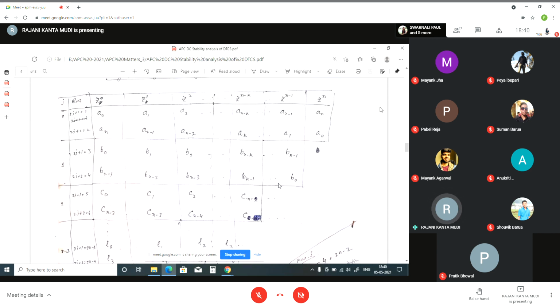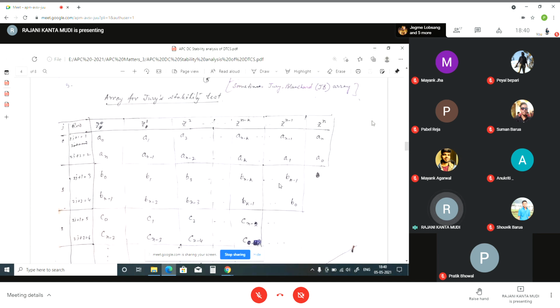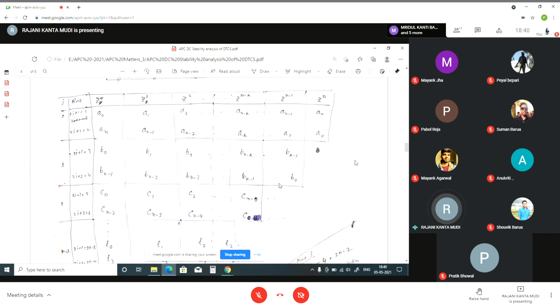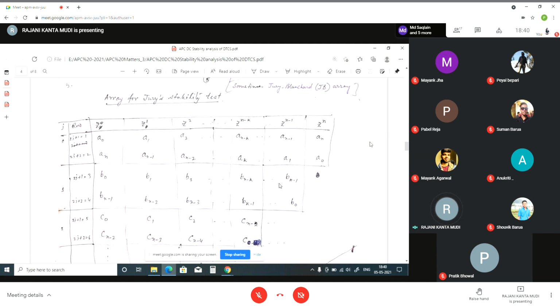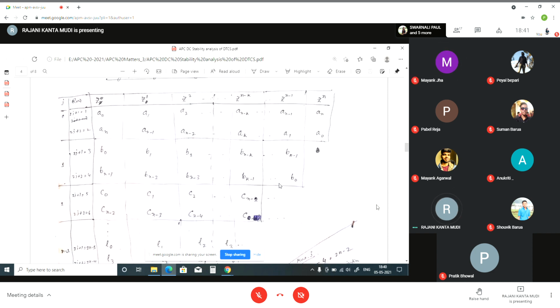This is a mechanical way we can find it, and from the conclusion we can decide whether the root lies on the left or right. Here also, by applying the Jury's array, we can conclude that the root lies within the unit circle or outside of the unit circle. Okay, sir. So the first two rows will come from the coefficients of the characteristic equation.